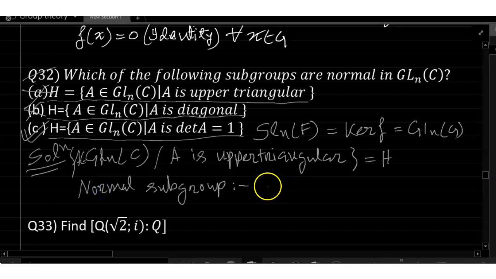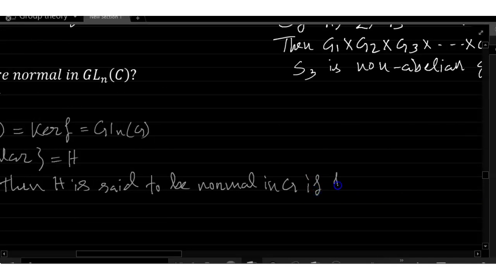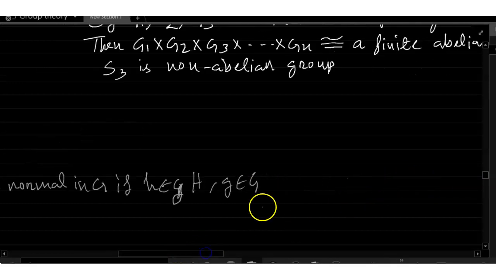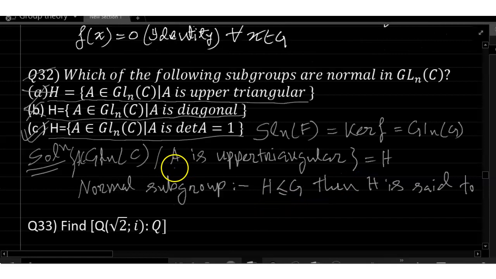What is a normal subgroup? H less than or equal to G. Then H is normal in G if g h g inverse belongs to H for all g in G and h in H. Now A is upper triangular. So what is the meaning of upper triangular, friends?